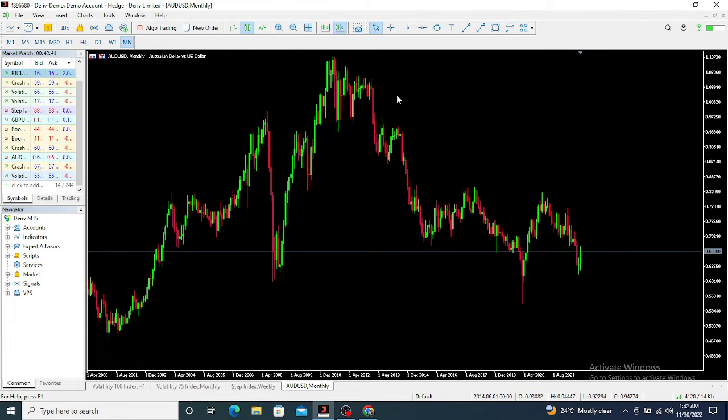So today I'm going to show you guys how to plot your key levels using your support and resistance, your key levels, your top-down analysis using the Dapo strategy. Most people might have wanted to know how he does this.